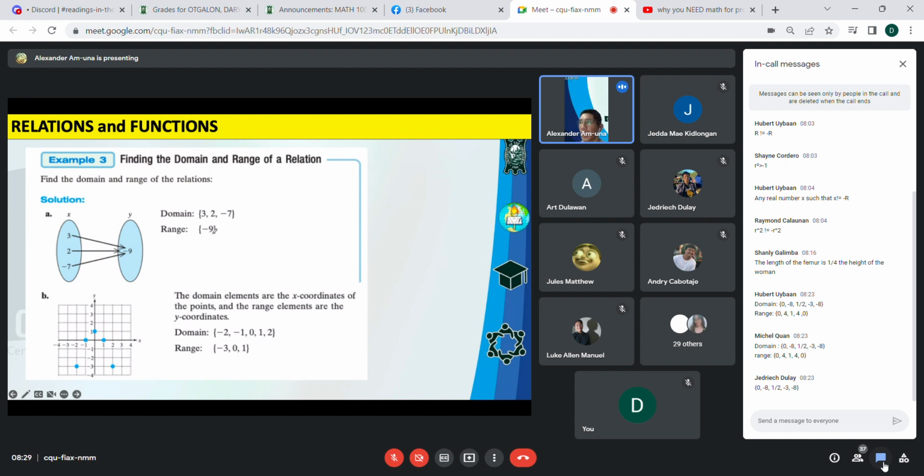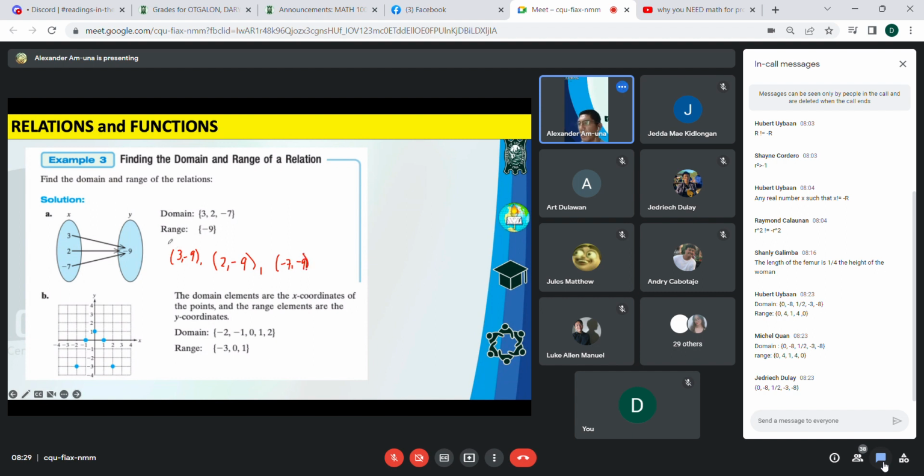We will not write -9 3 times. Although we know that the ordered pairs from this will be 3, -9. Diba? Ganyan siya. The 3 ordered pairs will be 2, -9. And then -7, -9.